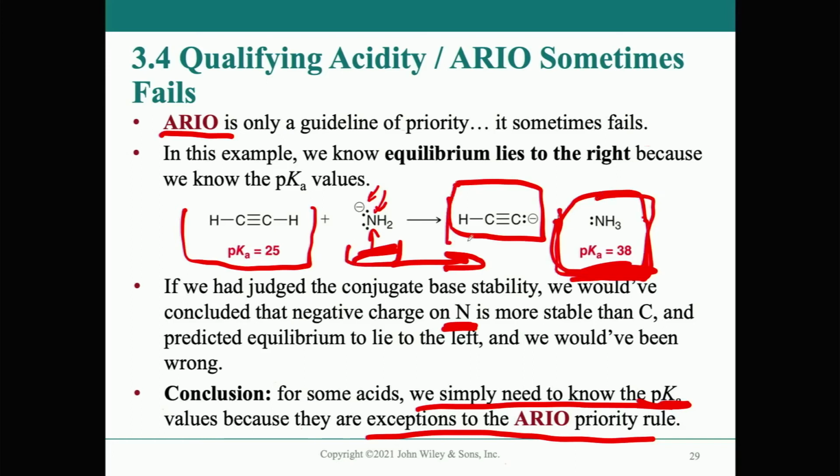And so the species that are going to be produced most often here are the acetylene carbanion and the ammonia, right? So sometimes pKa is all that matters, because it is the exception to the REO priority rule.